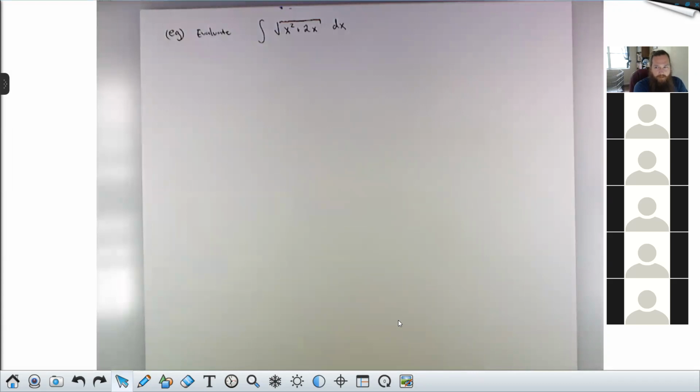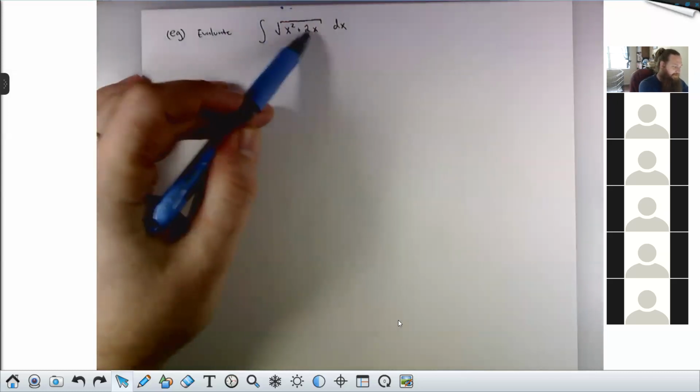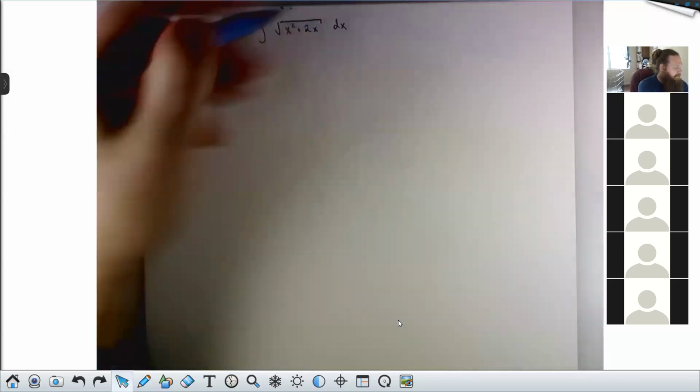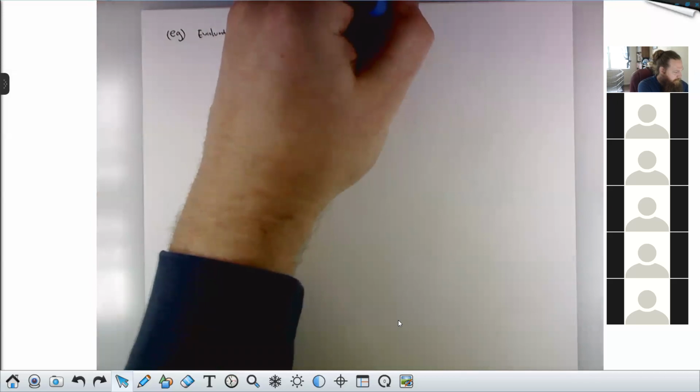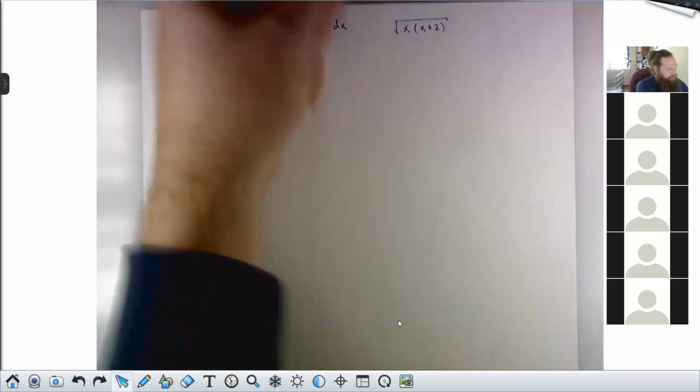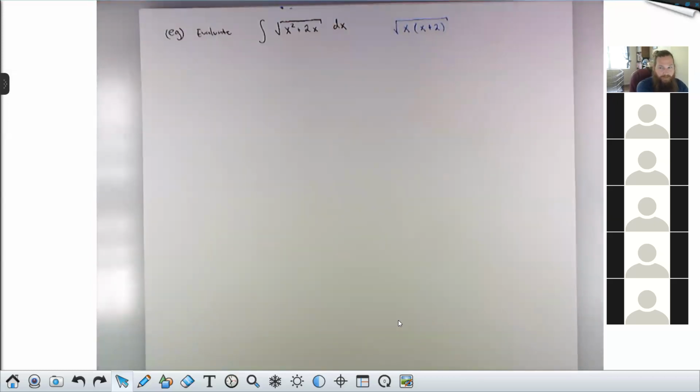How do you make something like this look like something from that trig sub Bible? Factor out an x. Okay, if we factor out an x, then this would become this, which is still not looking like anything from the trig sub Bible.